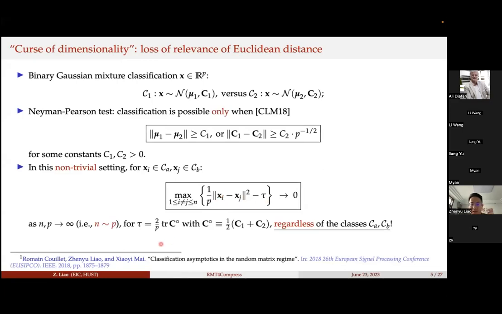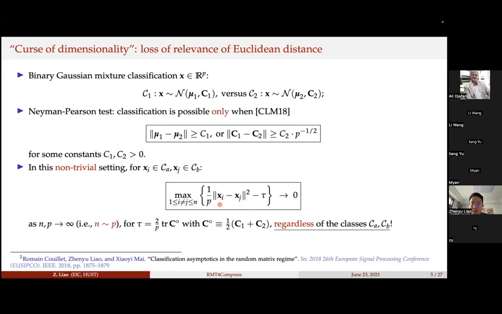We know precisely the expression of this constant: it is the trace of the average covariance matrix after some normalization. But this equation holds regardless of the classes of the data vectors.